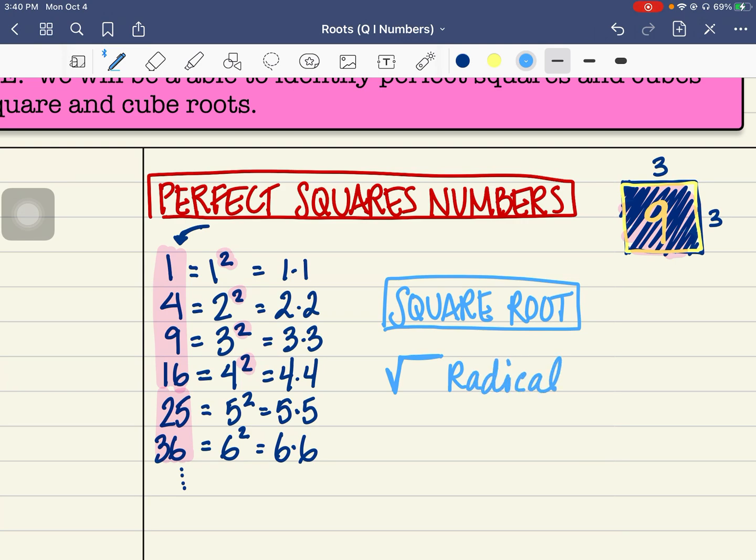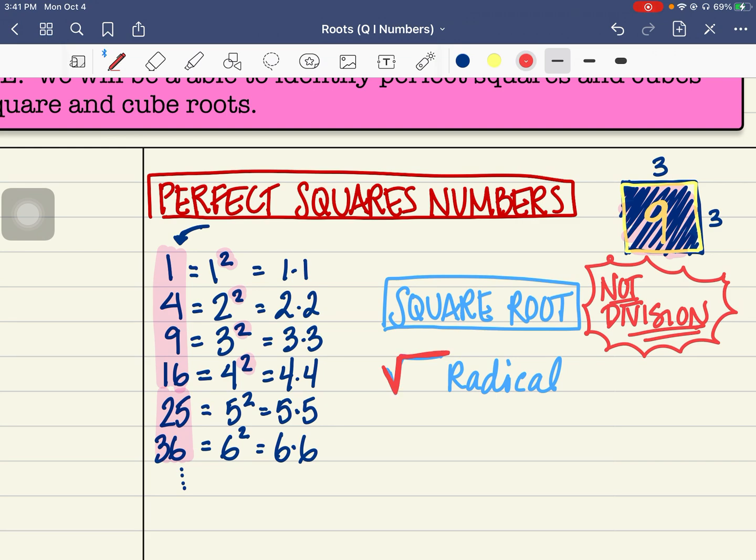Here's the main thing we need to take away from square rooting, because a lot of students will say this: this is not division. Do not think that square roots is dividing. It is a totally separate operation, a different thing altogether. It is not division. It has its own symbol, this radical symbol.